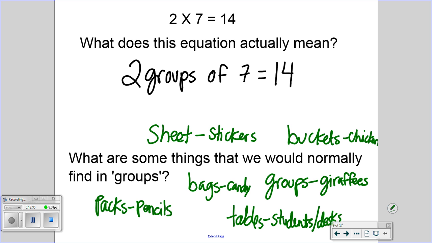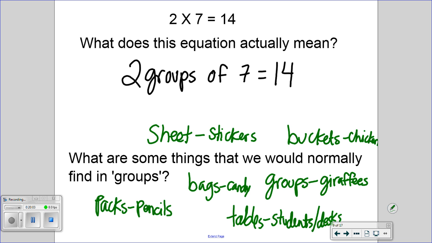What else could you do? Courtney? This might be a really silly one, but it's a whiteboard. Is the whiteboard a group? We need something to group it all together. Like a group of markers. Or a group of giraffes, or a group of bulls.